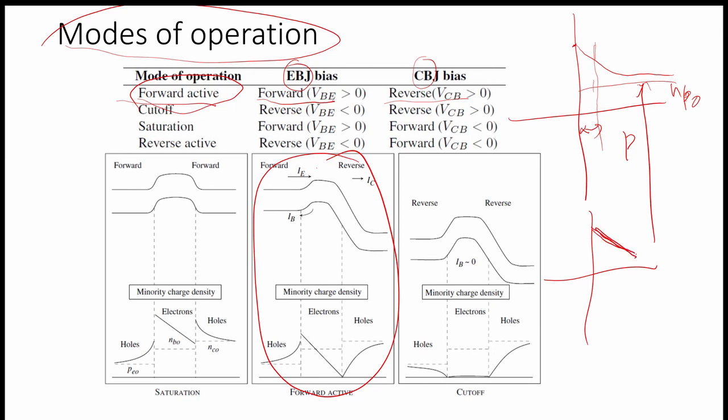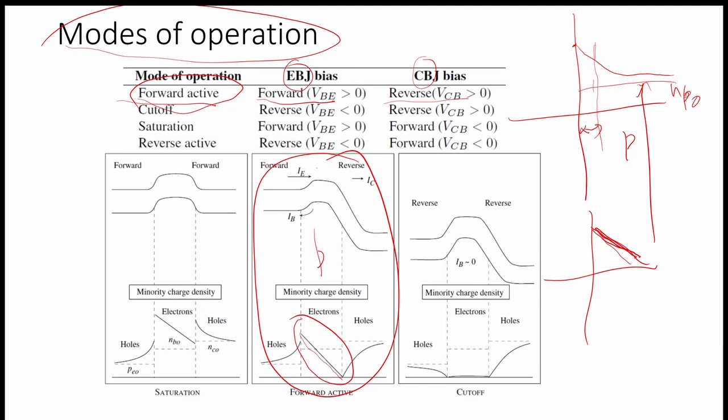The profile of the excess minority carrier concentration will be linear. So this is what they have shown here. The excess minority carrier concentration, this is the base region, this is the p region.